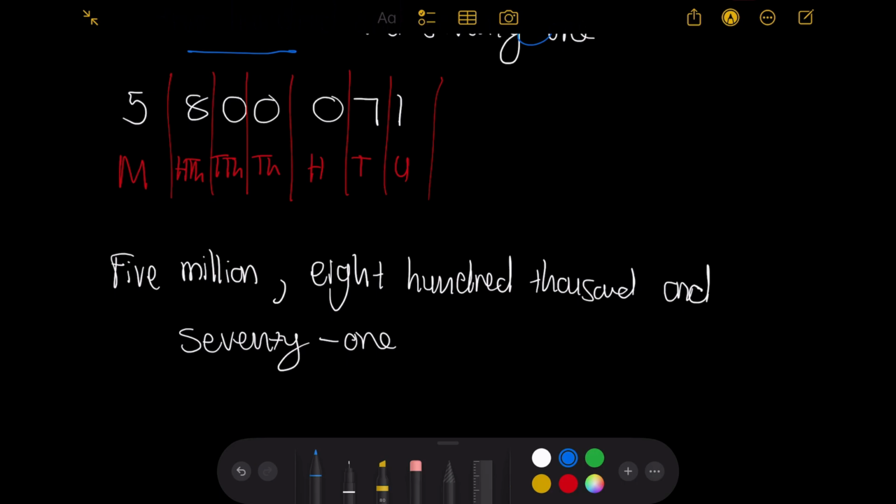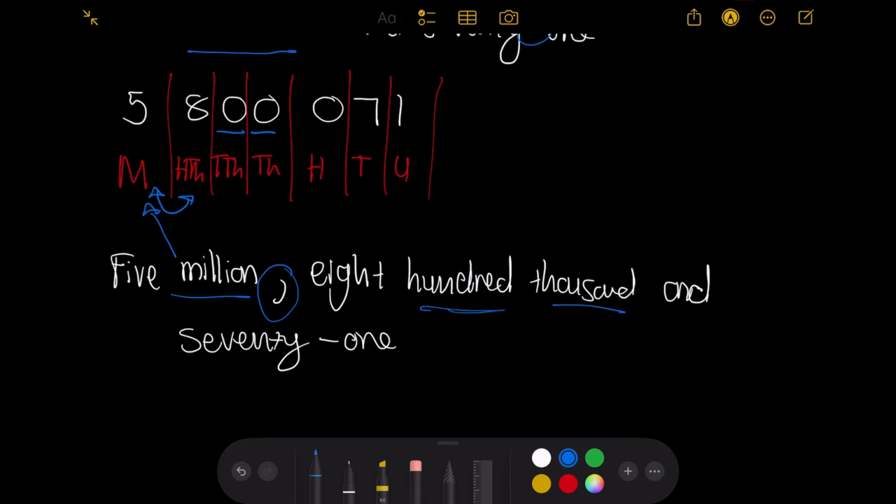So let's go back and see how we got this number. So we know the 5 million is always, the 5 is part of the millions column, so we put million down. We put the comma there because I'm transitioning from millions to 100,000s, and both of them are actual digits that are greater than 0, right? Then I know I don't have any specific digits greater than 0 here, so I can just share 800,000.